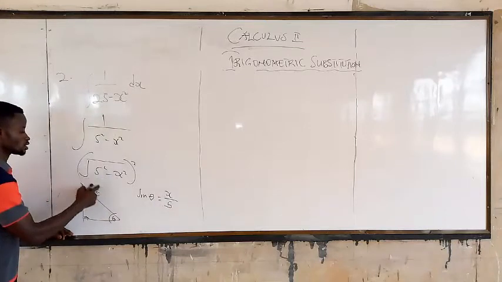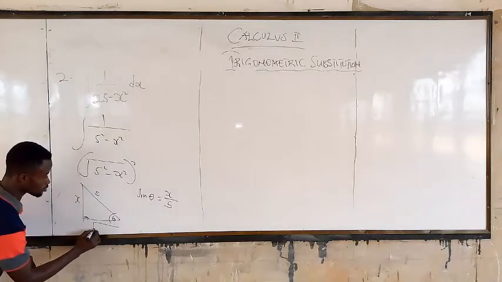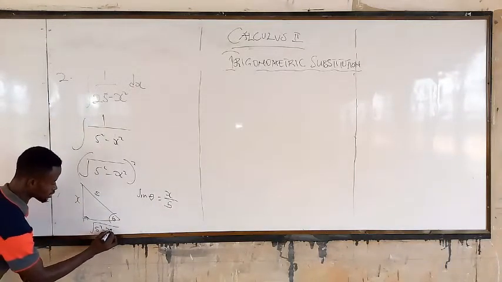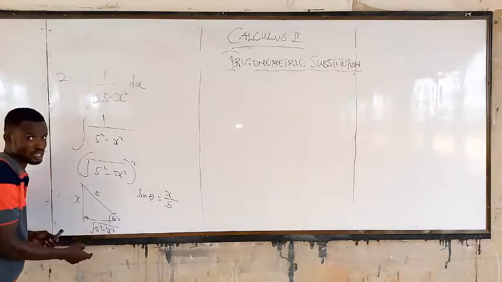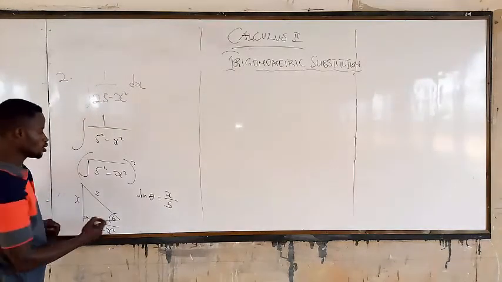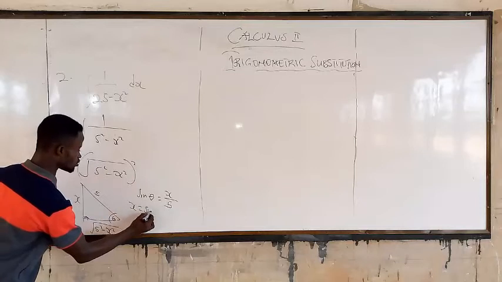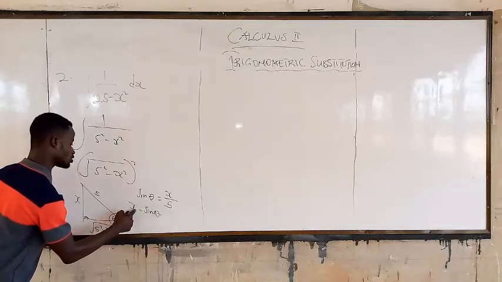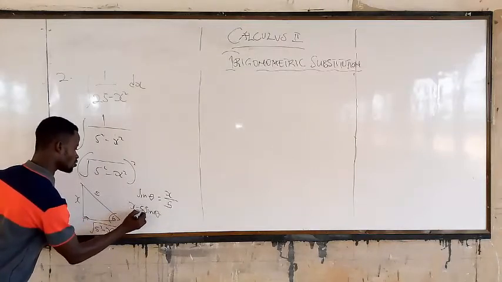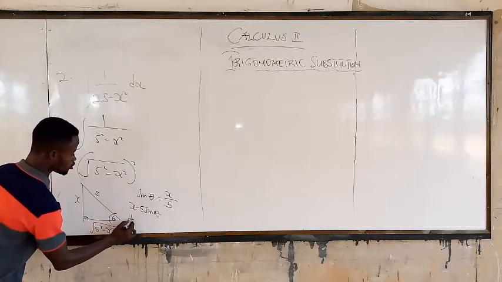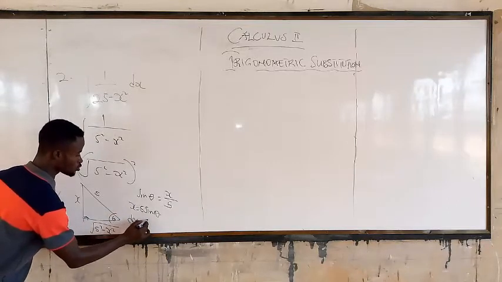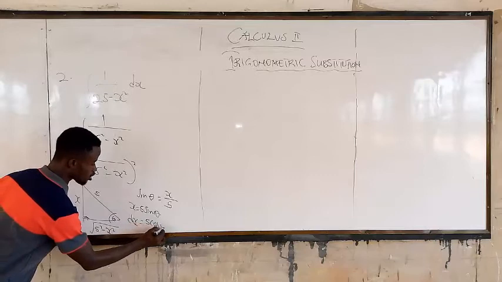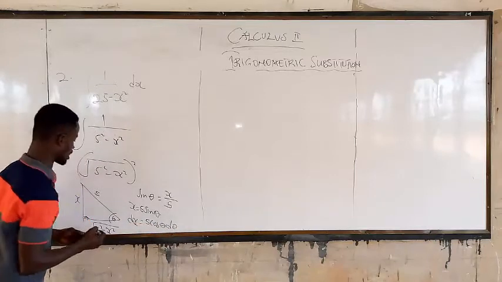So this whole thing should be here, 5 squared minus x squared. I hope you can see from here. Alright, so x is equal to 5 sine theta, and dx will be equal to 5 cos theta d theta.